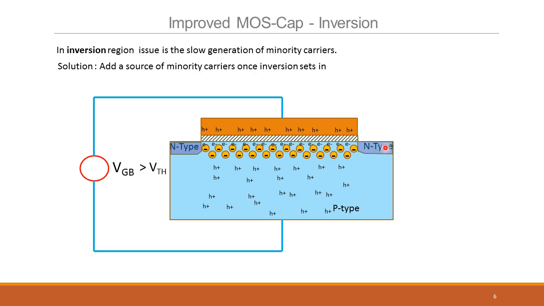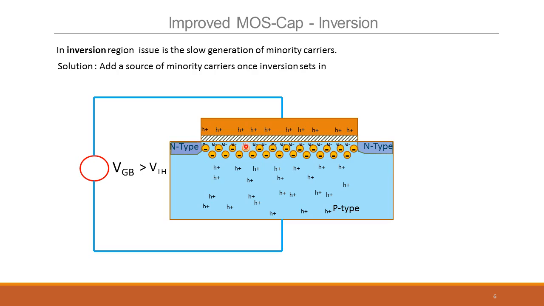In an n-type doping, what is the majority carrier? Electrons, that's correct. So when the inversion happens, this is almost like an n-type material here. So you augment it with heavily doped n-type regions on this side. These become a source of electrons. So when the inversion happens, it doesn't have to attract the electrons from the bulk, but it can attract the electrons from these reservoirs of free electrons out here.